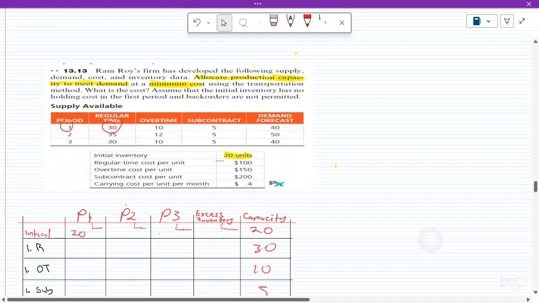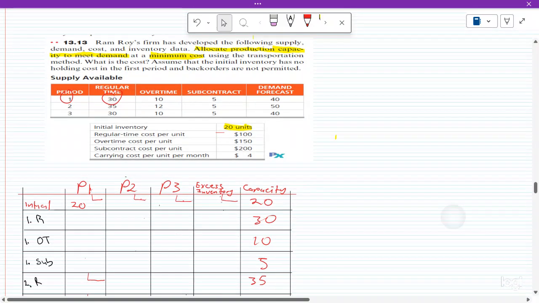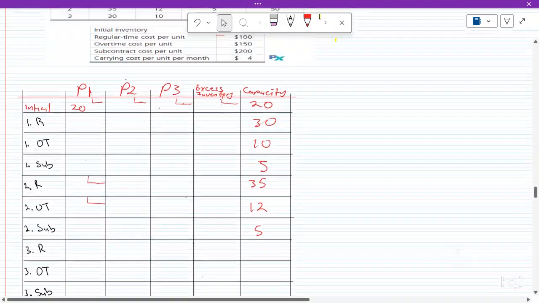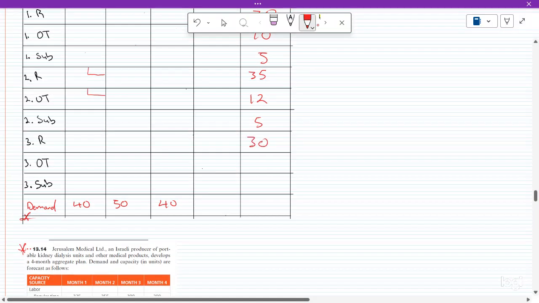If you fill up this information now, you will see how much difference it's going to make in your life. And then 30, 10 and 5.